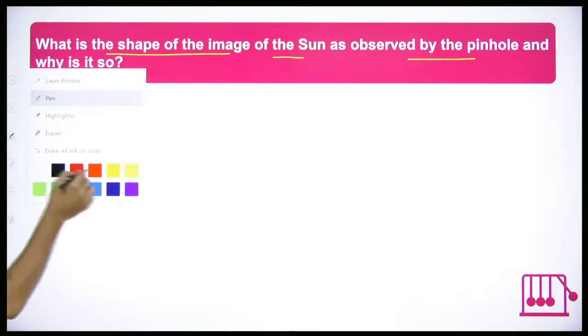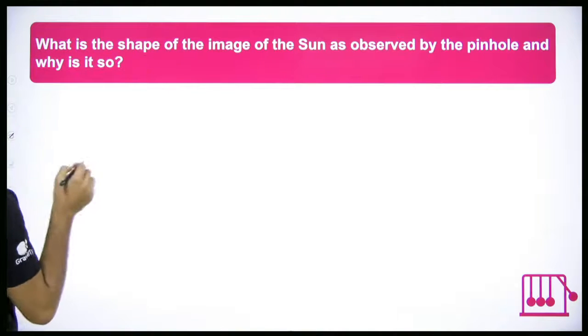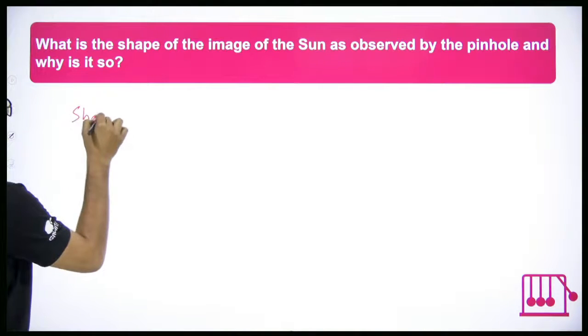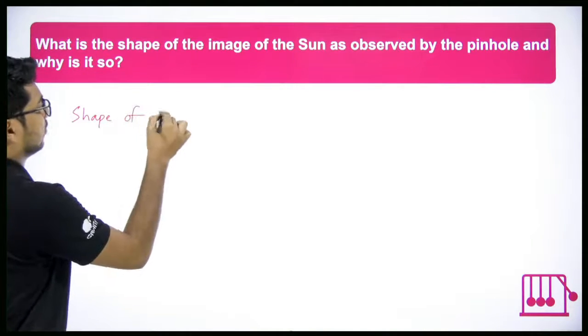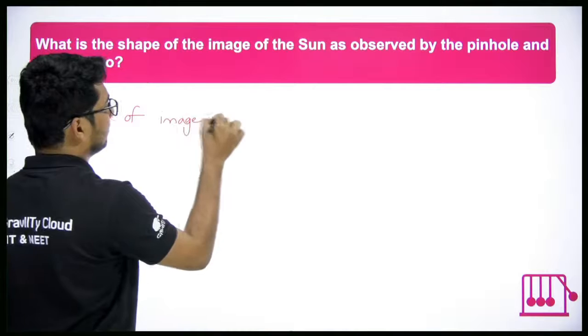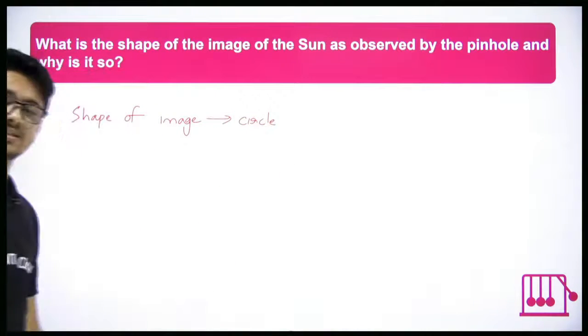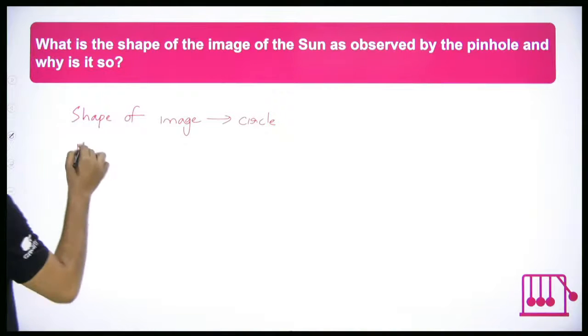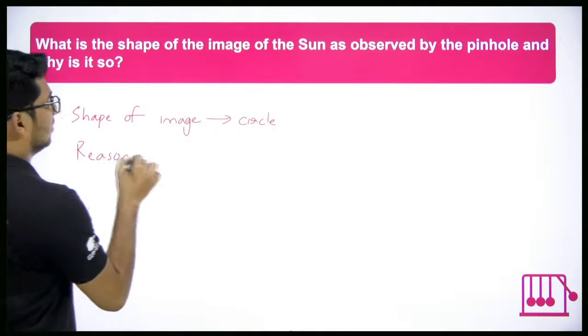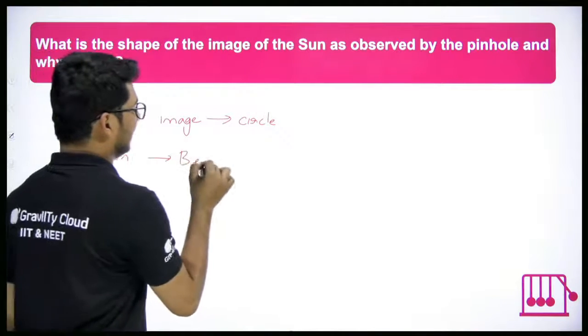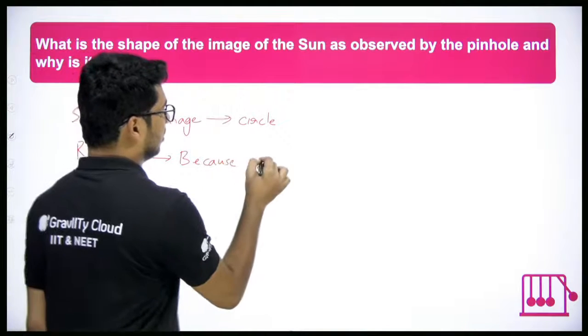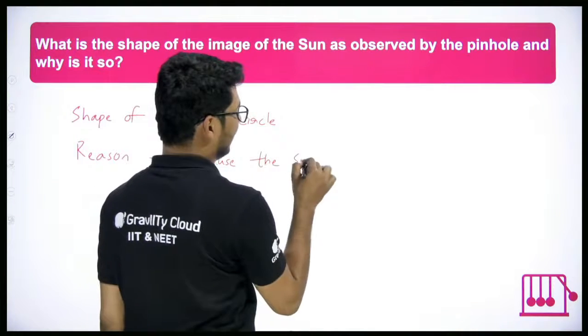Then, what is the shape of the image of the sun as observed by the pinhole camera, and why is it so? What do you think is the answer, everyone? The shape of the image is a circle, or you can say a circular disc. What is the reason? The reason is because the sun is a sphere.